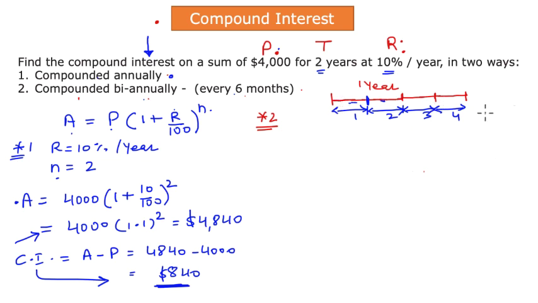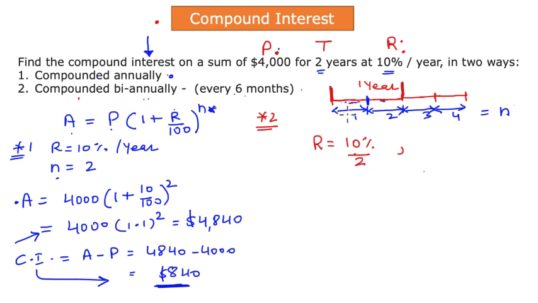Now this gives me the value of n, but at the same time, my rate of interest, that 10%, is for 1 full year, correct? It is not for half a year. So if that is for 1 full year, then every 6 months, what should be my rate of interest? We simply divide it into 2 parts because 1 year has 2 compounding periods.